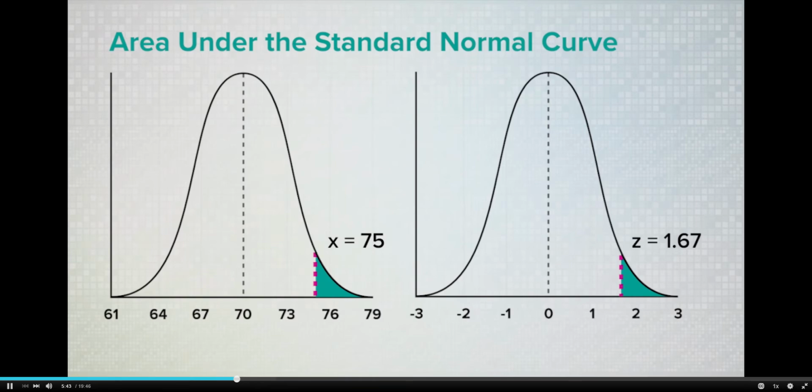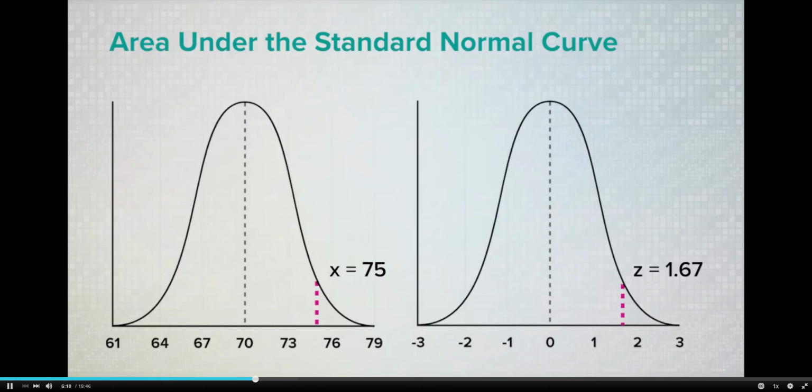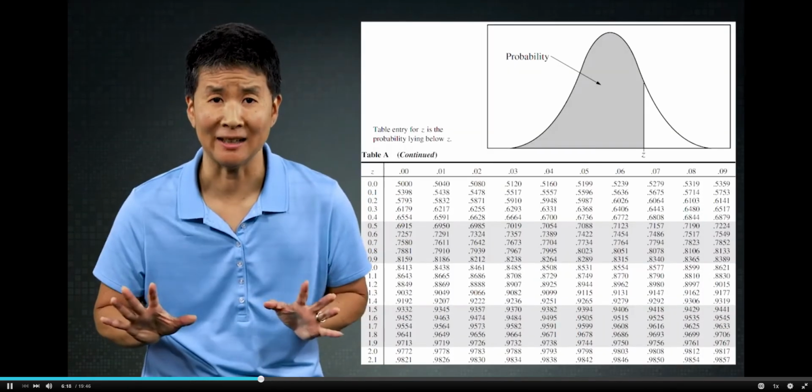Going back to our picture, I found in my chart that a z of 1.67 gives us a proportion of 0.9525. What the table tells me is the area underneath that z-score. So the area under the z-curve for a z of 1.67 is 0.9525. However, what area is this on my picture? Is that the blue area that's shaded right here? Doesn't look like 95% of the curve is shaded. That's because it's not.